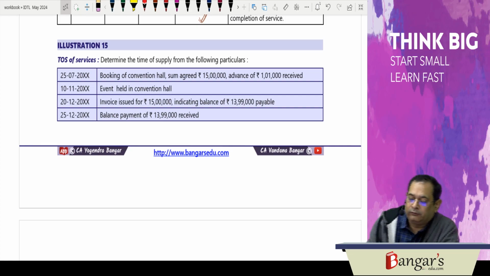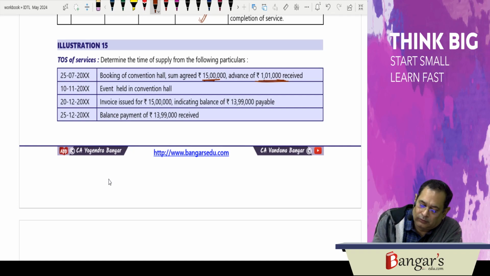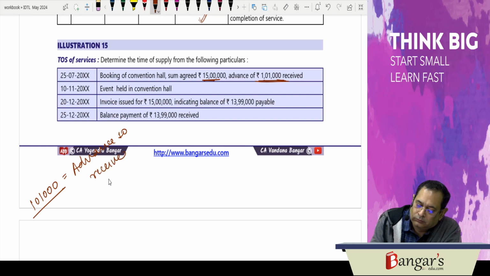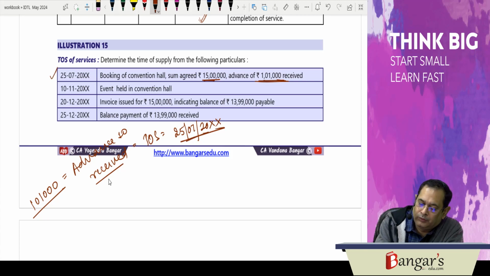Sum agreed is 15 lakhs. Advance received is 1,01,000. So for the advance so received, time of supply will be what? 25/7.